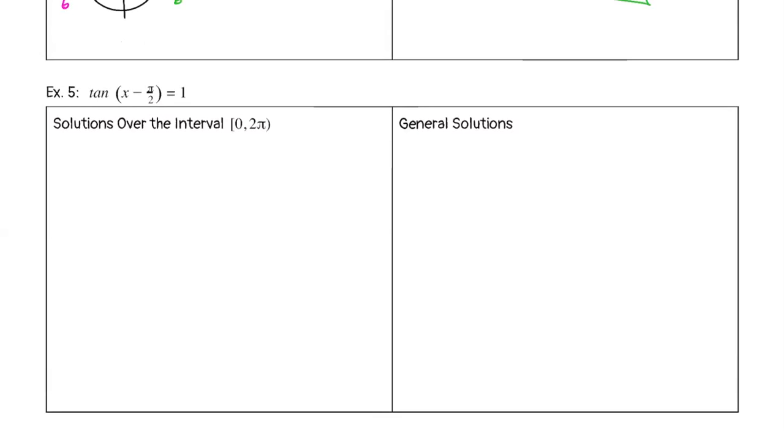In this case, we're looking at where tangent equals 1. What angle does tangent equal 1? I think for this one, there should be more than one answer when we go one time around the unit circle.